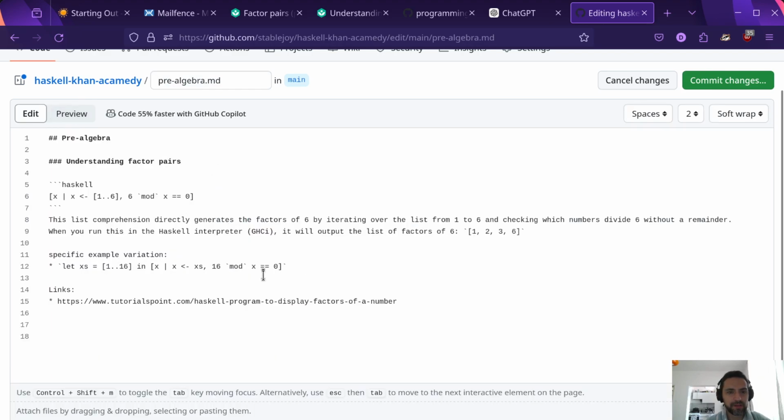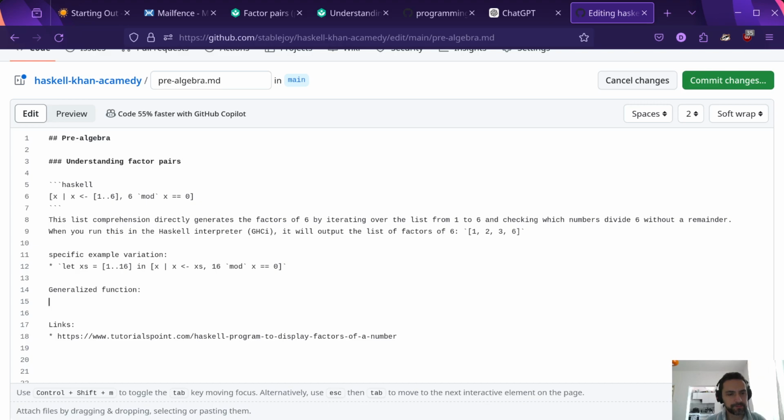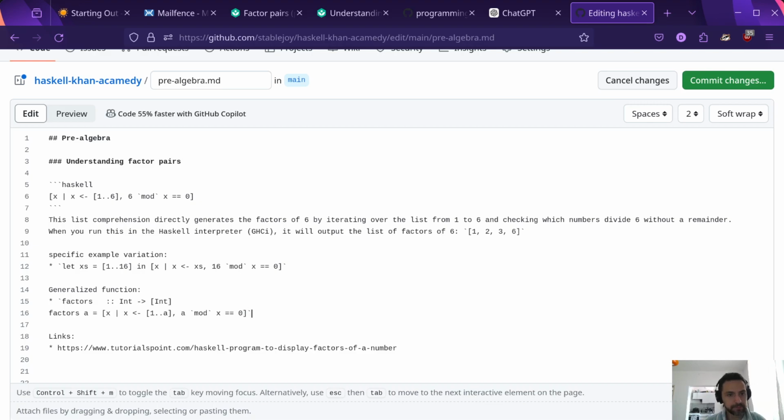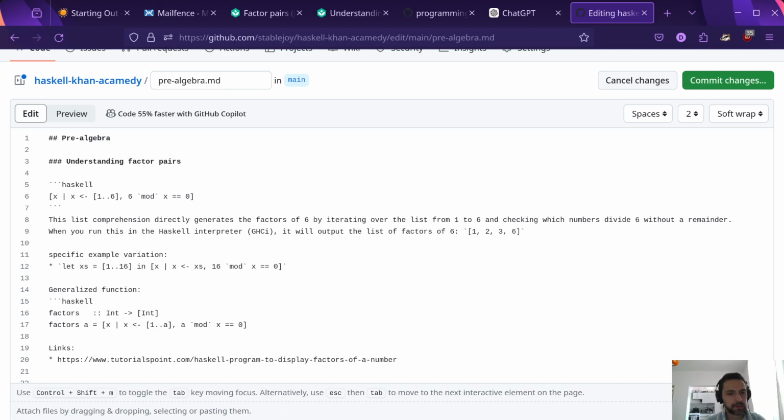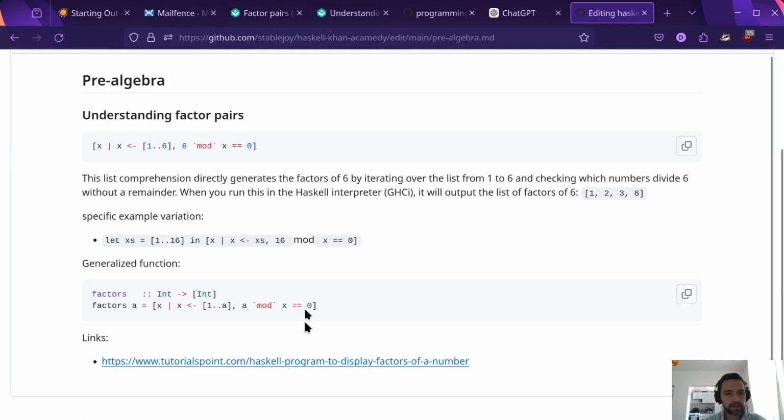Go to edit. Specific example, variation. So generalized function. Generalized function. All right. This. x.